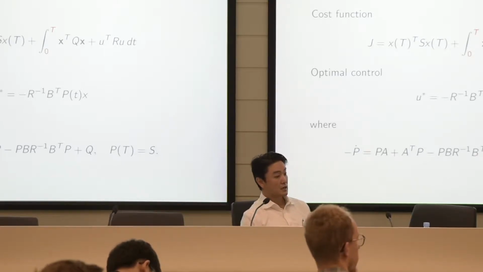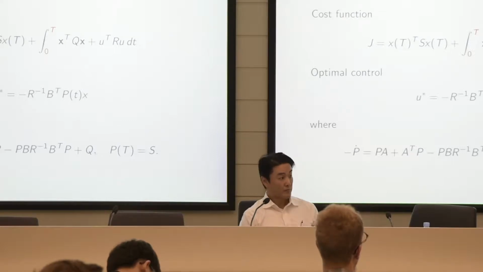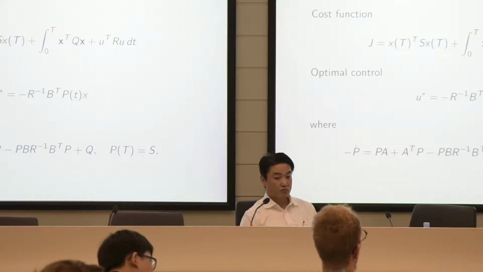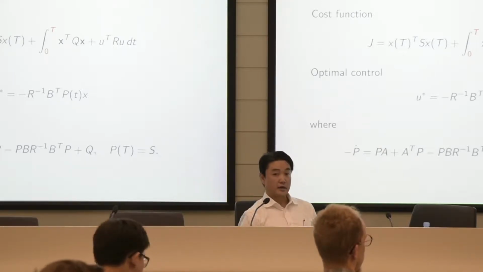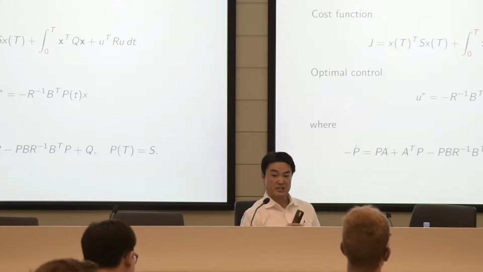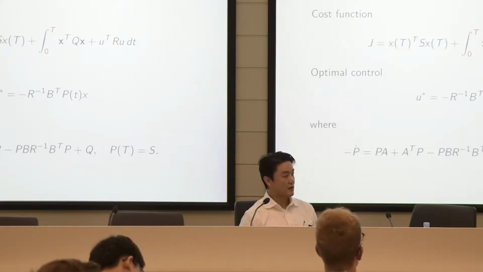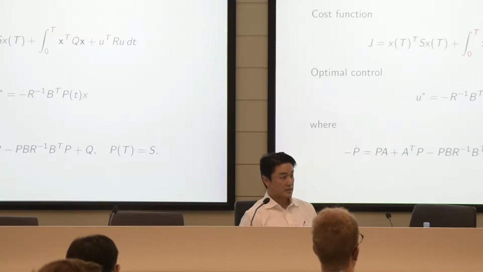Is there a way of checking automatically the Kalman rank condition if I give you matrices A, B? Yeah, in the control system toolbox, CTRB or something, only numerically.